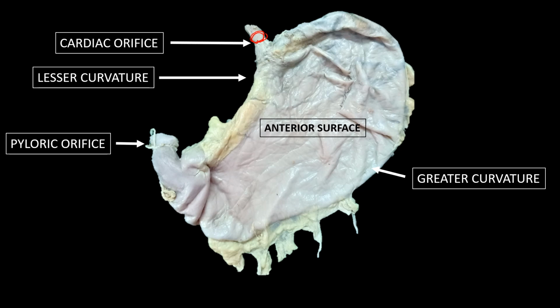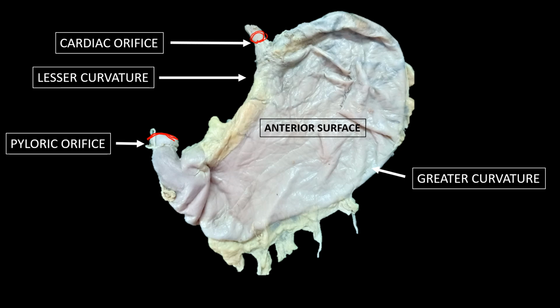On the posterior side of the cardiac orifice, there is no attachment of peritoneum. That's why it is known as bare area of the stomach. Another end is the pyloric orifice. Pyloric orifice lies at the level of transpyloric plane.